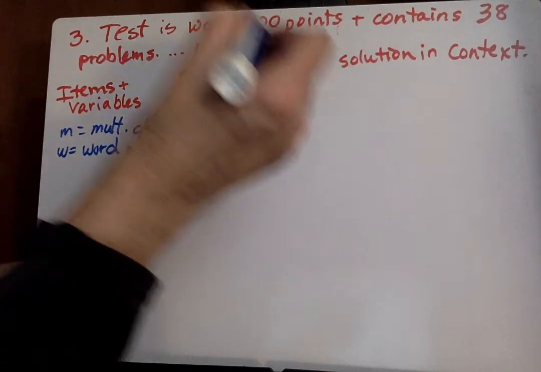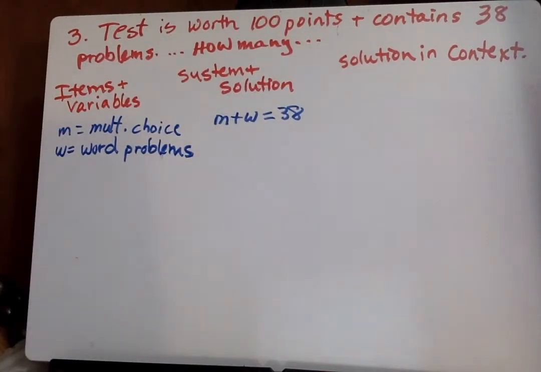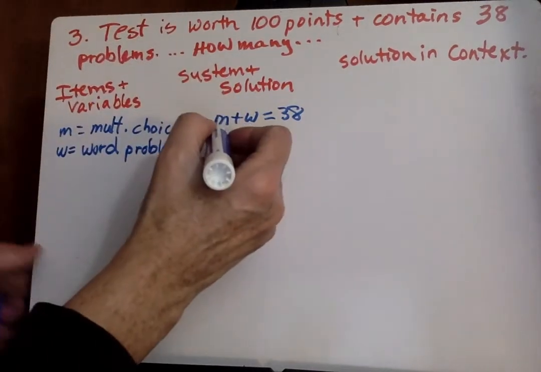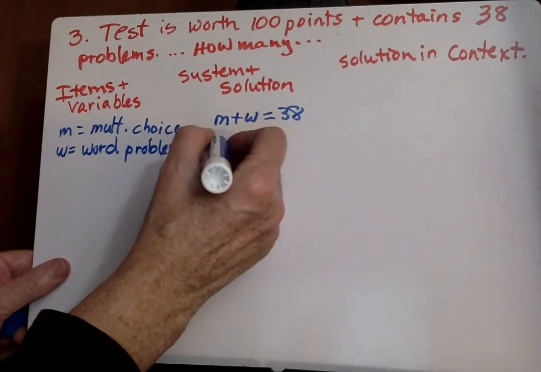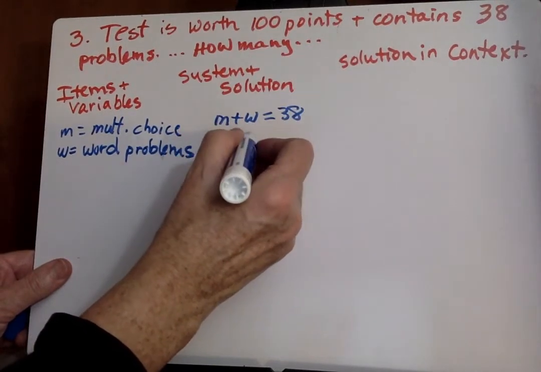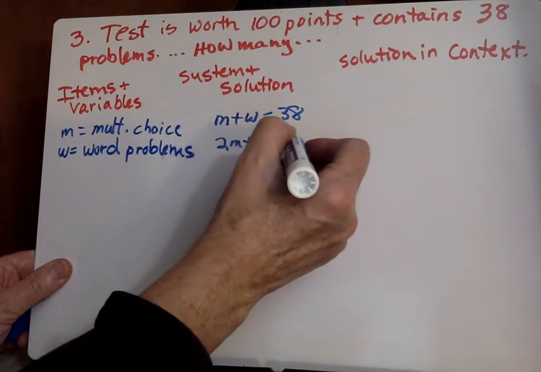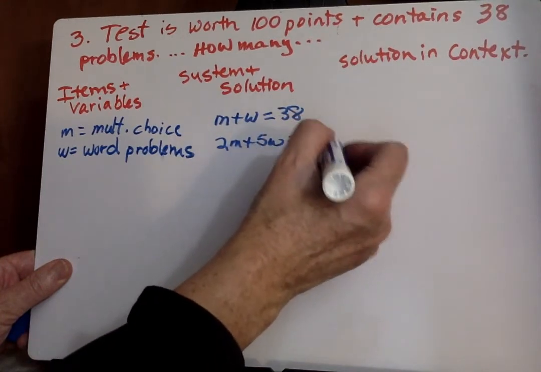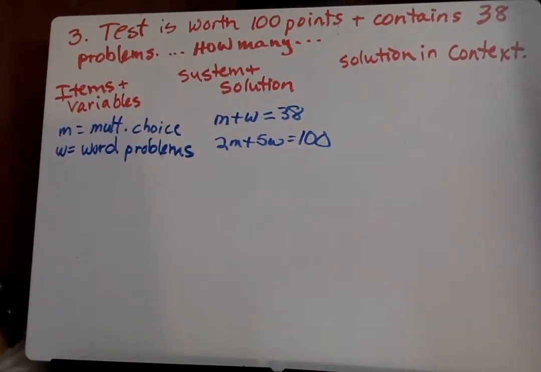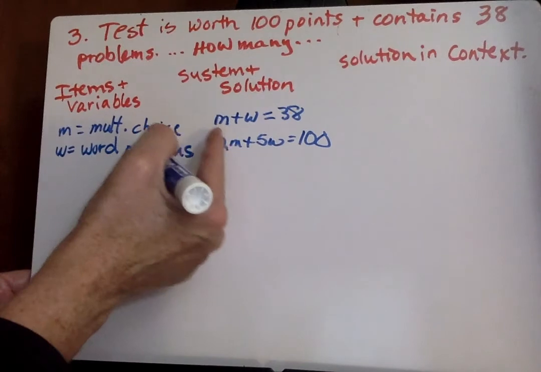There's 38 problems in total, right? Then we know that multiple choice questions are worth 2 points, so 2M plus 5W, because our word problems are worth 5 points. And the total is worth 100 points. So then we go ahead and work our solutions out.